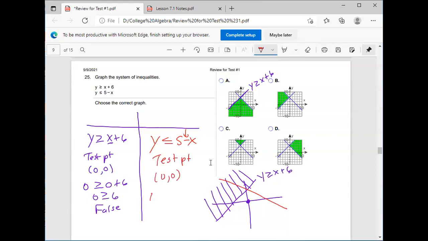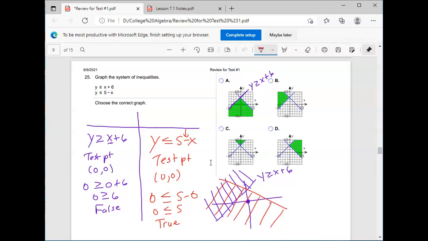I'm going to use the same test point. So is 0 less than or equal to 5 minus 0? Is 0 less than or equal to 5? Yes, so that's true. I almost put false. Thank goodness you're here. 0 is less than or equal to 5, so that means 0, 0 works. So I would color in the section of this red line that 0, 0 is in.